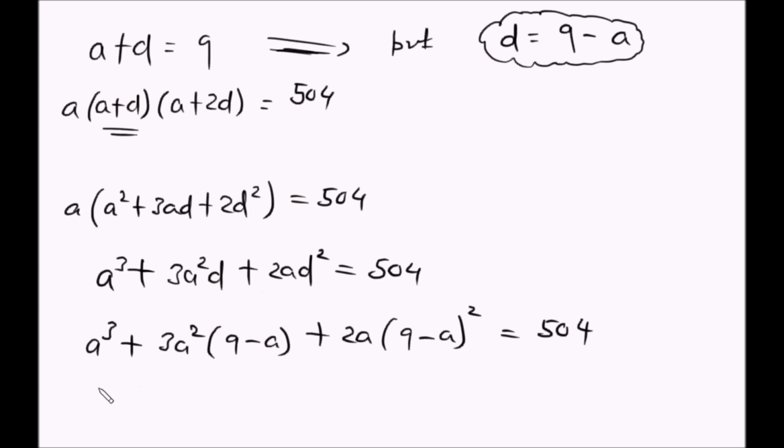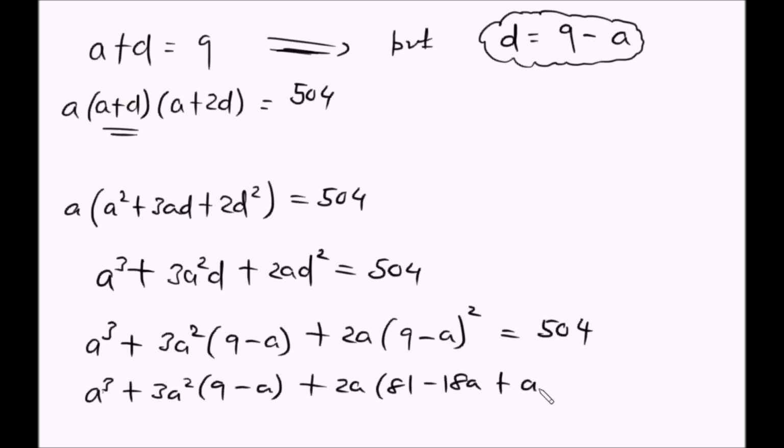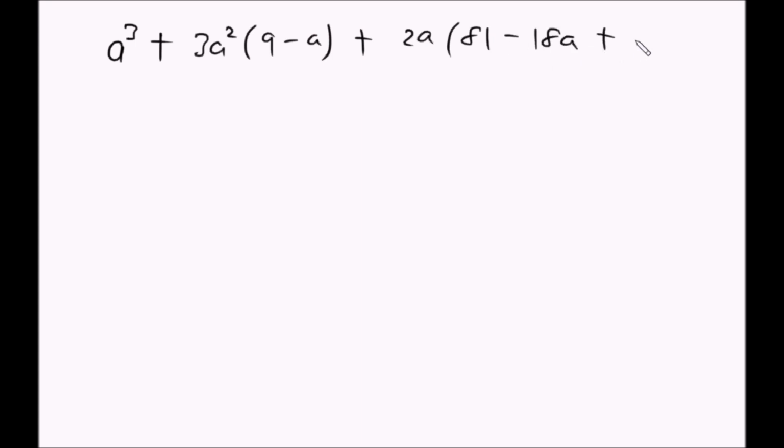So how will this be? This will be a cubed plus 3a squared times 9 minus a plus 2a, and here we will have 81 minus 18a plus a squared, equal to 504. So let's finish with that. So we have a cubed plus 3a squared times 9 minus a plus 2a times 81 minus 18a plus a squared is equal to 504.